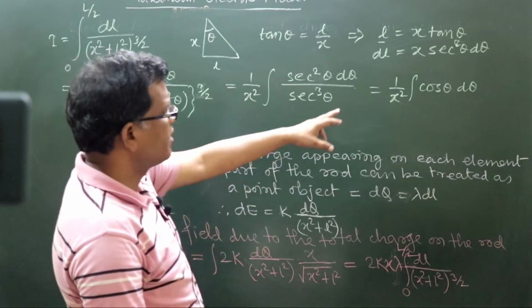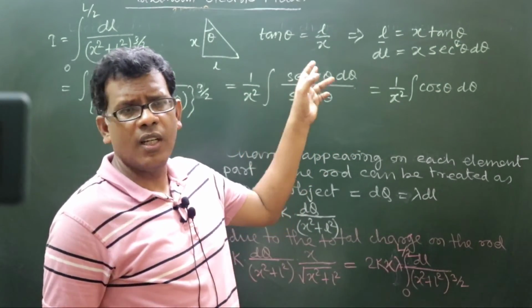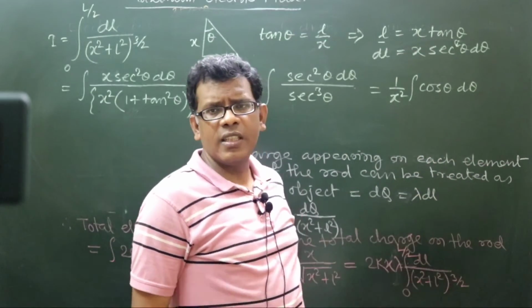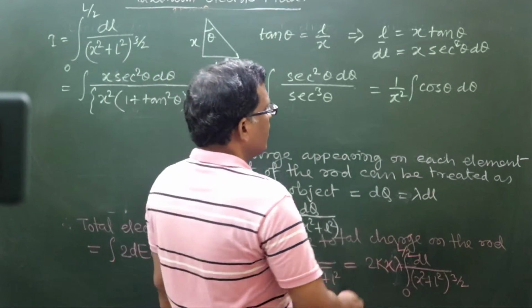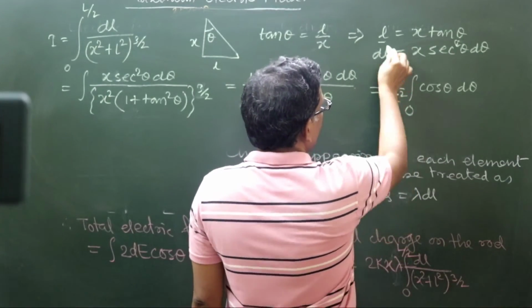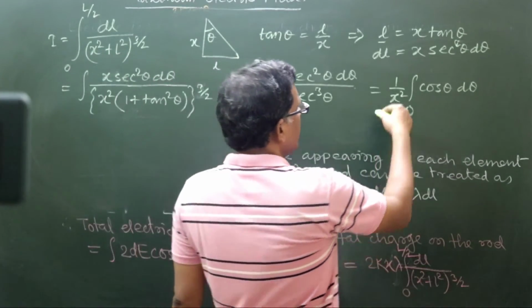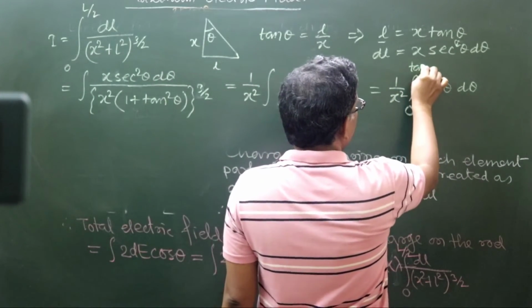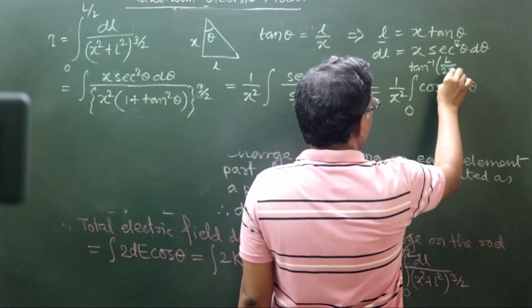Once I have changed the variable, the limit must also be changed based on the relation used for changing L to theta. So when L was 0, theta will be 0. When L is capital L by 2, theta will be tan inverse of capital L by 2x, right?